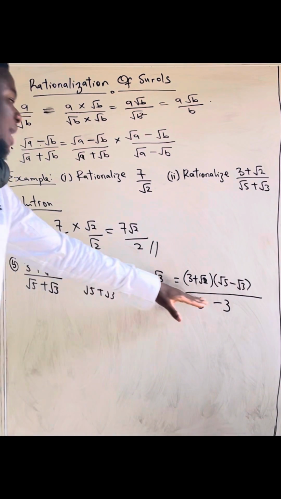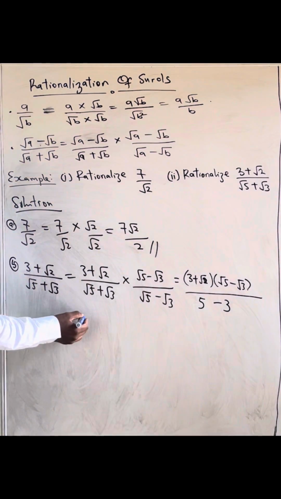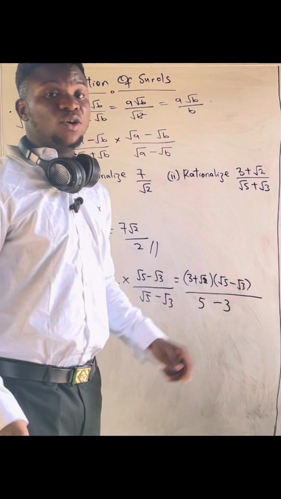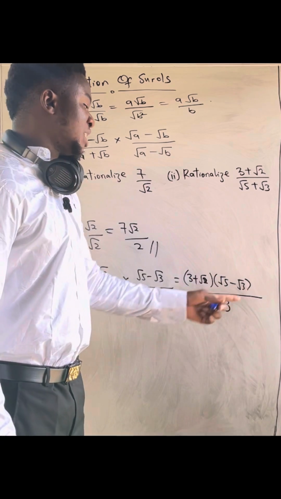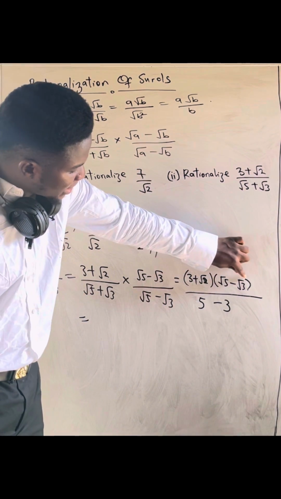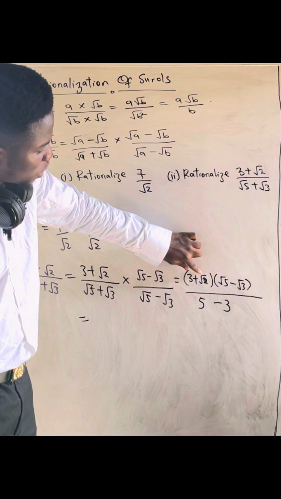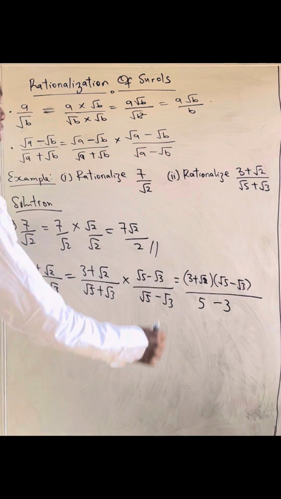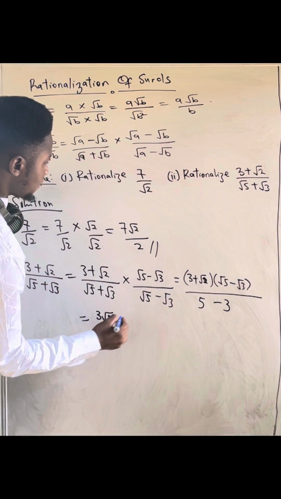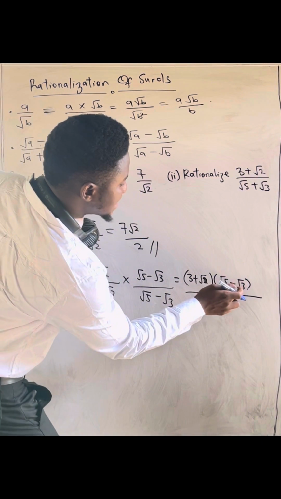Now, once I'm here, the next thing is that I'm going to simplify the numerator. To simplify this numerator, I'm going to open a bracket. I will firstly use this 3 to multiply everything here. I will also use this root 2 to multiply everything here. So guys, what is 3 times root 5? That is 3 root 5. What is 3 times minus root 3?